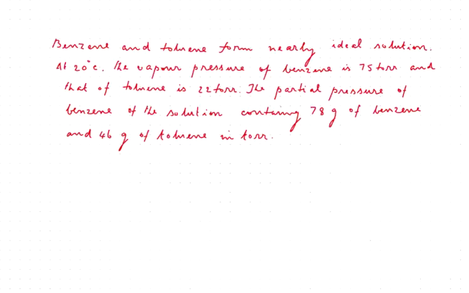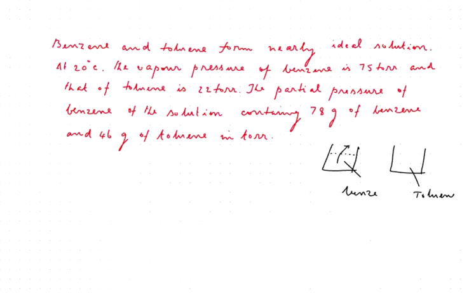First of all, you should understand this question. I have in a beaker benzene and I have in another beaker toluene. The benzene will get evaporated and the vapors of the benzene will come out.